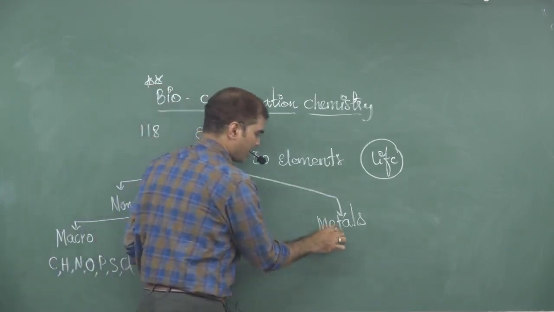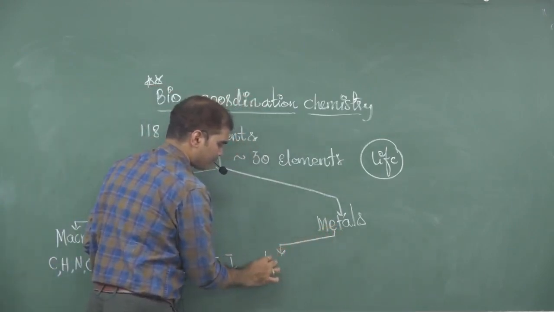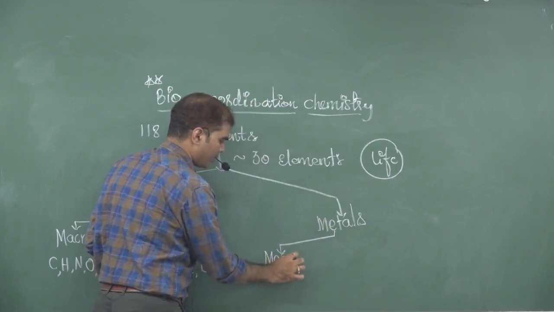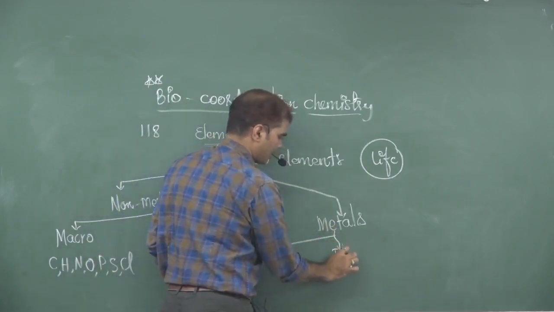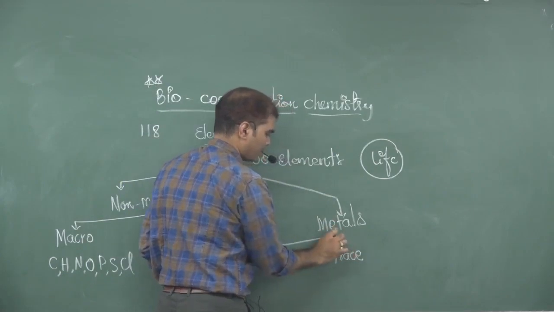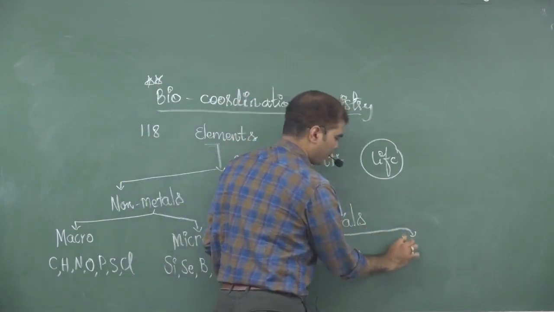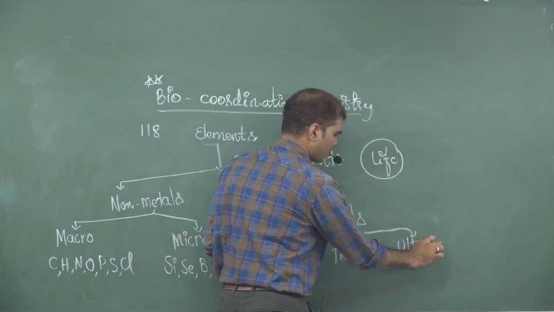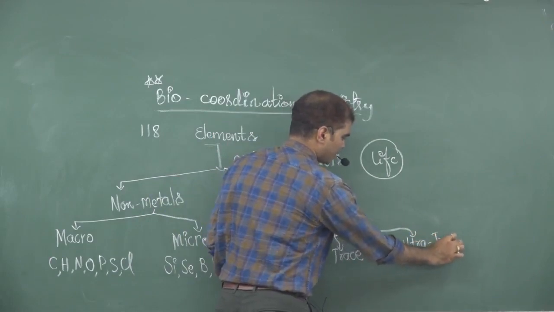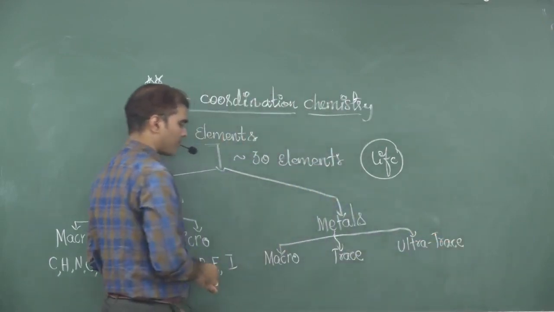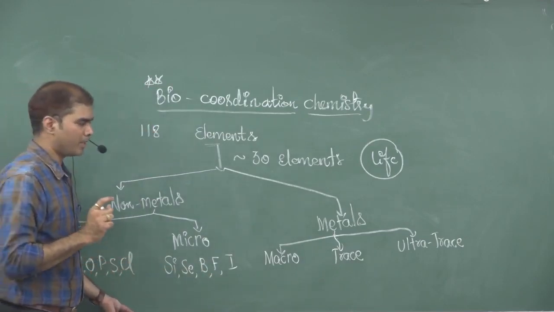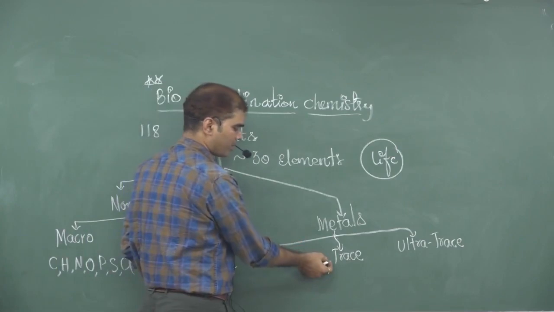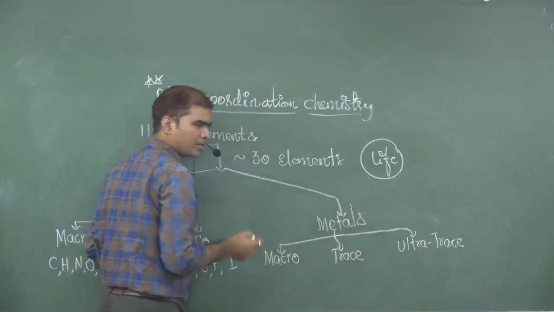And when I come to metals, we classify them into macro, trace and ultra trace. Trace means small quantity, and ultra trace means very little quantity. Macro means larger quantity, trace smaller quantity, ultra trace still smaller.